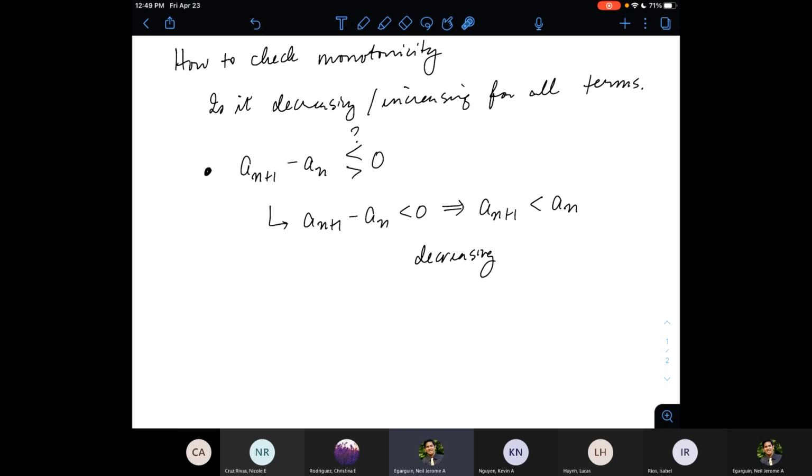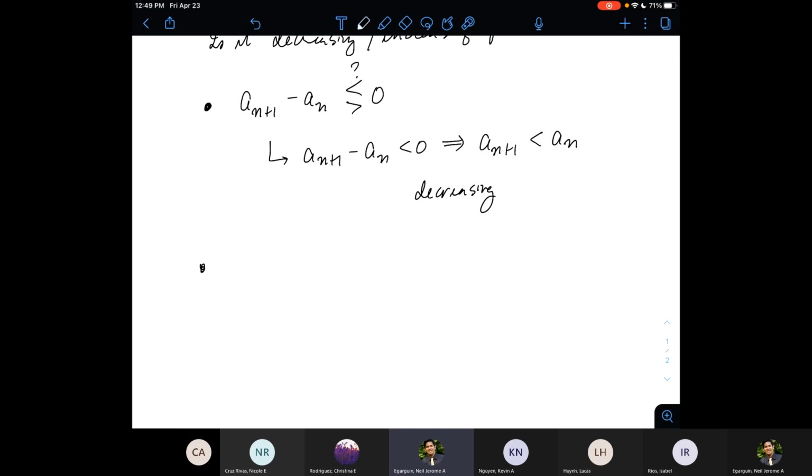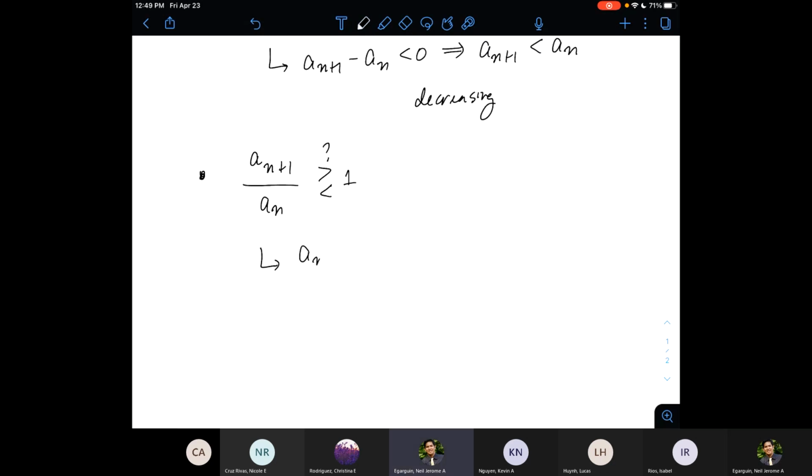So you just need to take a sub n plus 1, subtract a sub n, and observe the sign. But sometimes doing this is not easy, or it's not apparent if it's less than 0 or greater than 0, so you need to do a lot of algebraic manipulations. Another trick is, if that is hard, you can try a sub n plus 1 over a sub n and compare it with 1. If a sub n plus 1 over a sub n is greater than 1, then that translates to a sub n plus 1 greater than a sub n for positive a sub n.